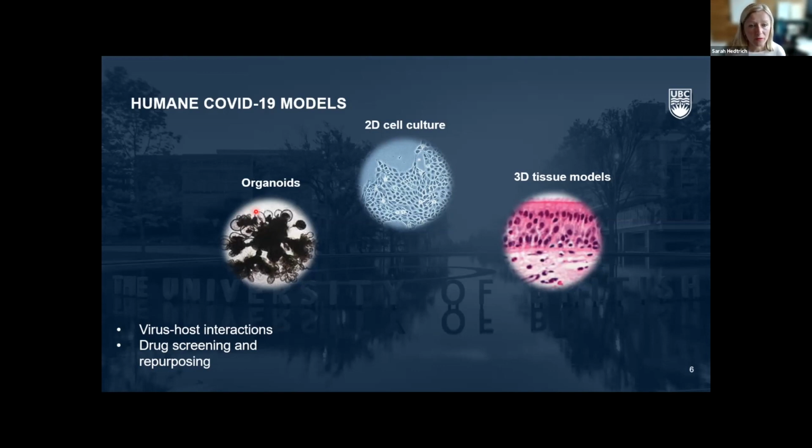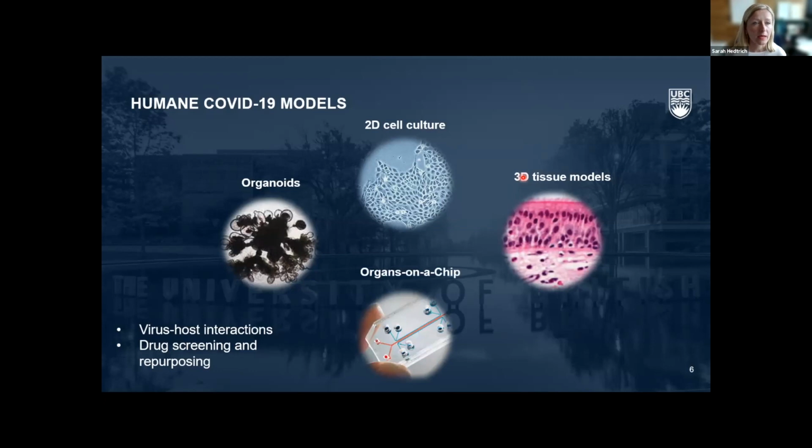Nonetheless, an obvious limitation of organoids and the three-dimensional tissue models is that these are pretty simplistic models, and they don't have an organ, so they are not connected. There is no systemic circulation, and they are not connected with other tissues. And so I really think that the future in biomedical research in general, but also when we think about potential future pandemics, is that we need to really increase the efforts in the development and utilization of organ and human on a chip.